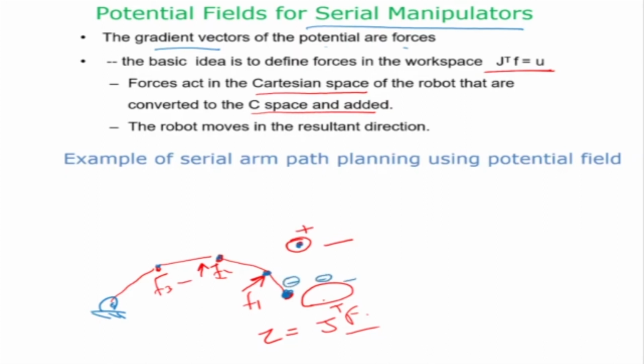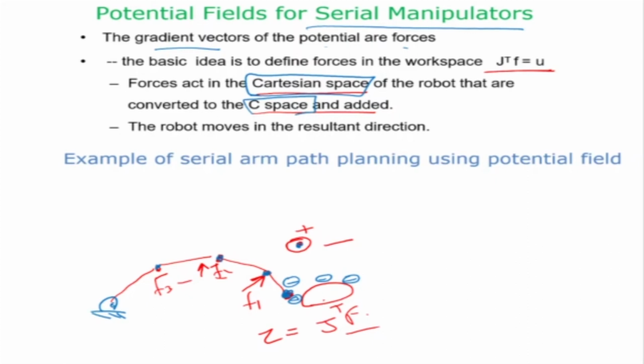The obstacle will tend to push the robot away, and the forces will be acting at all these points that we have chosen. Now you have to choose those points. The end effector is one point, maybe the joint centers are other points, and see what are the forces acting on those joints. Convert them into C space forces, then go to C space and do the planning. So forces acting in Cartesian space of the robot are converted to C space and then added. Then the robot moves in the resultant direction.